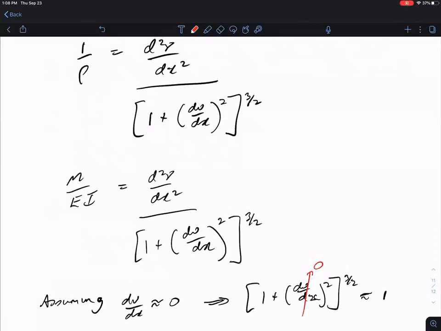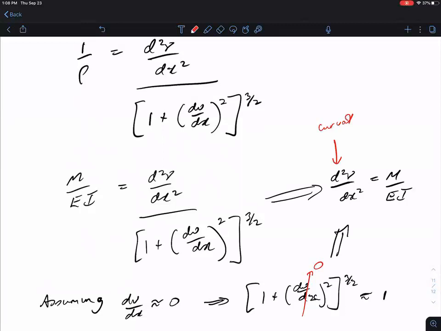And so what we end up with is that the second derivative of the displacement with respect to x is equal to M over EI. And we know that this second derivative is the same as the curvature.